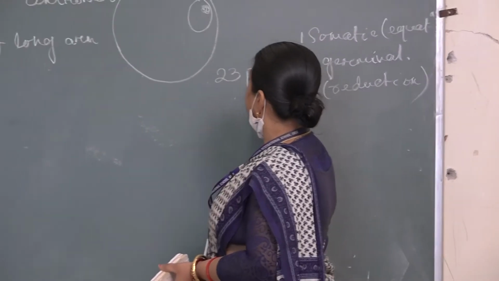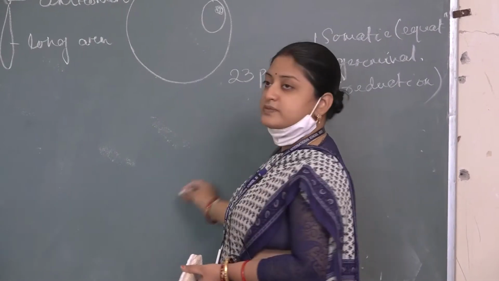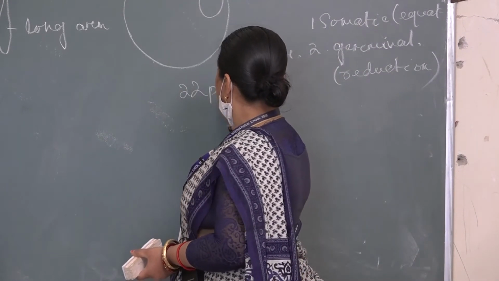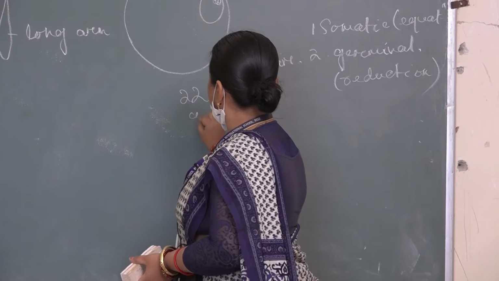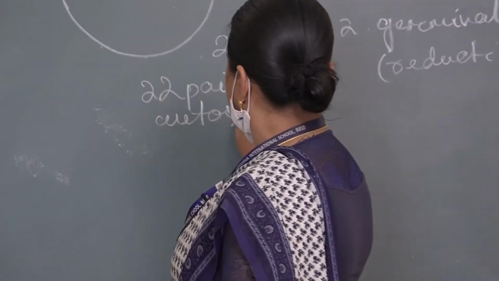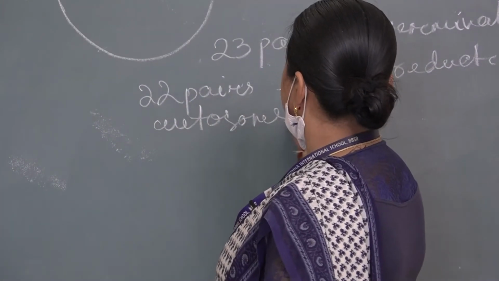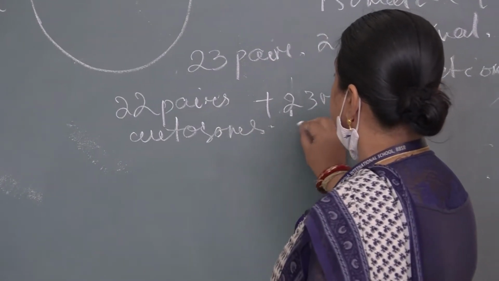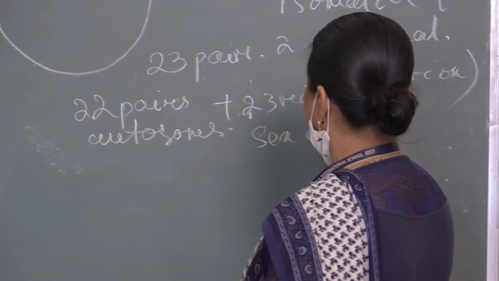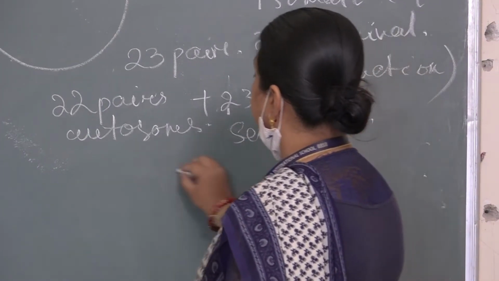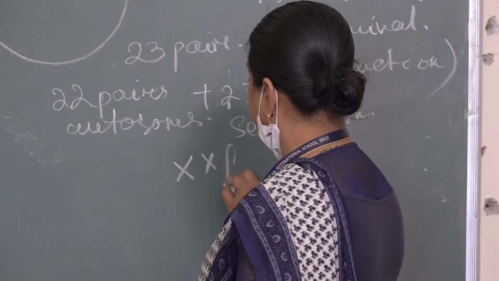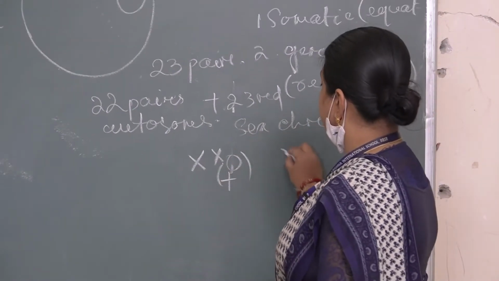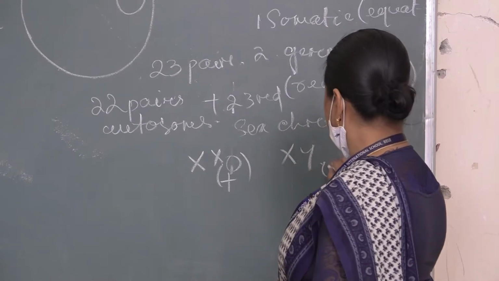Out of that, 22 pairs are autosomes, plus one, the 23rd, is the sex chromosome in humans, and it can be XX in case of female, whereas XY in case of male.